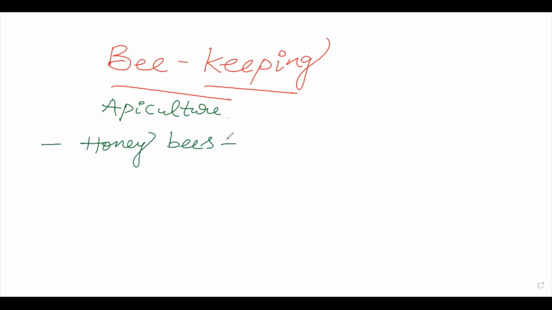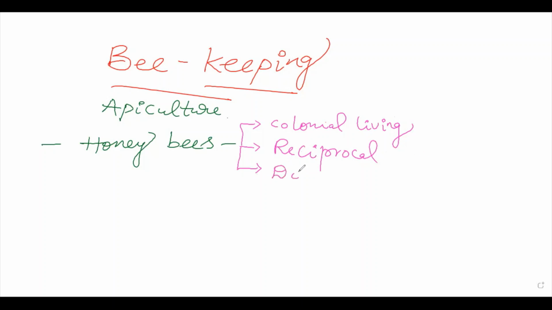So when we see honeybees, they live in the form of colonies, which is colonial living, and reciprocal communication. Honeybees show reciprocal communication, and also division of labor is well developed.